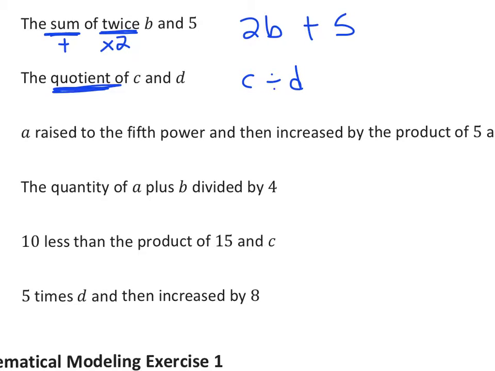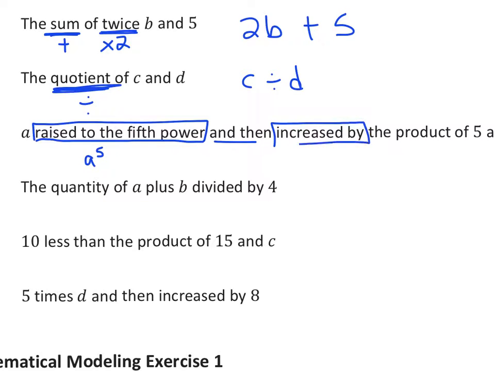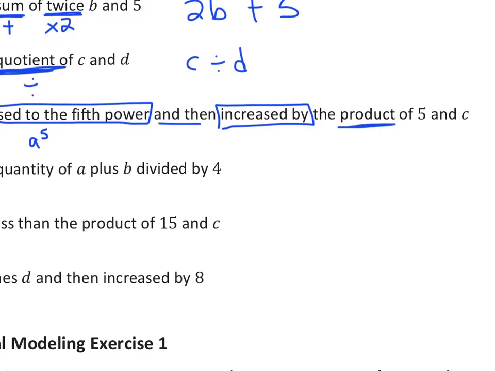Because quotient means division. A raised to the 5th power, right? So that would be A to the 5th power. And then increased by the product of, I have to scoot it here, 5 and C. Now the product of 5 and C would be 5 times C. Increased by would be added.